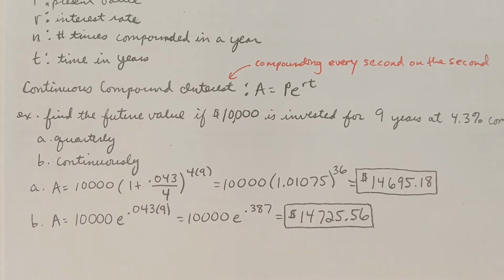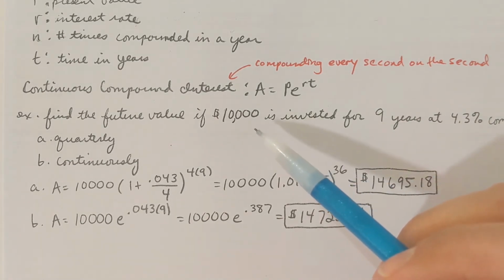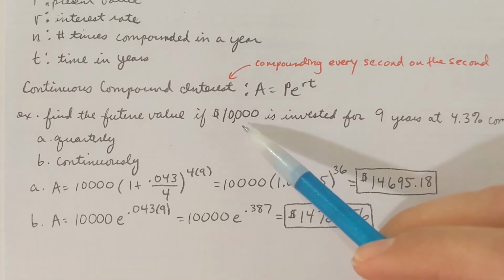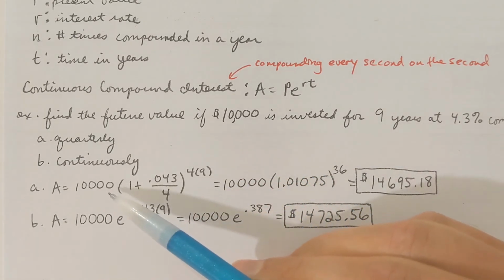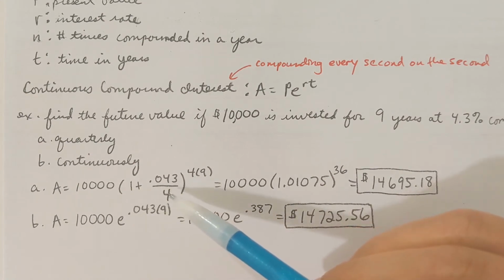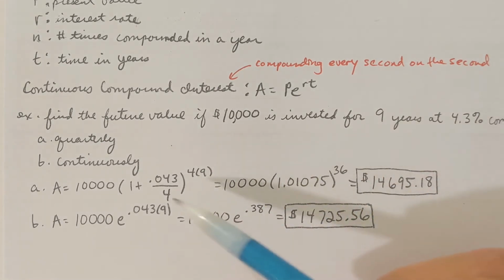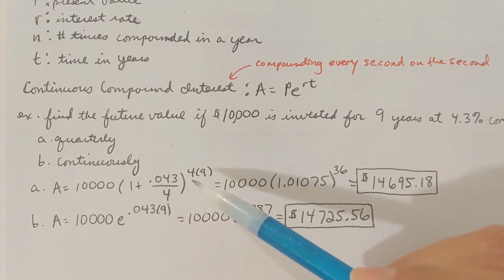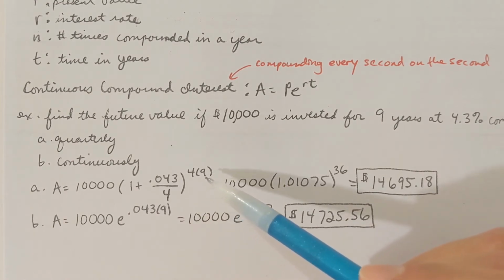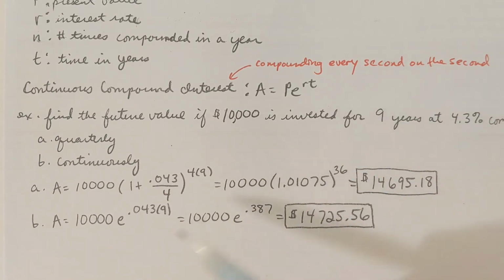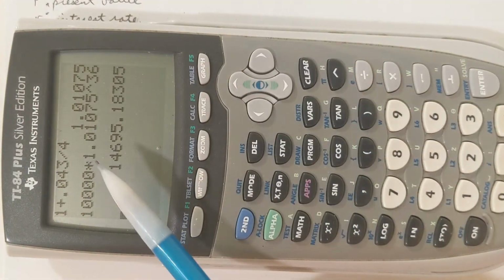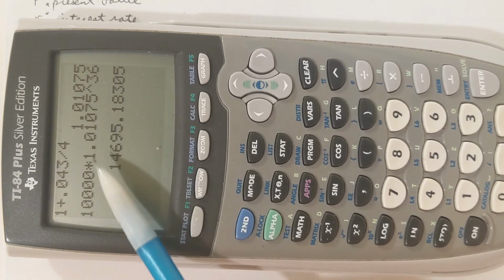So P is $10,000, that's our principal, times 1 plus r over n, n is 4, r expressed as a decimal is 0.043, to the power nt, n is 4, t is 9. 4 times 9 is 36. 1 plus 0.043 divided by 4 gives me 1.01075.